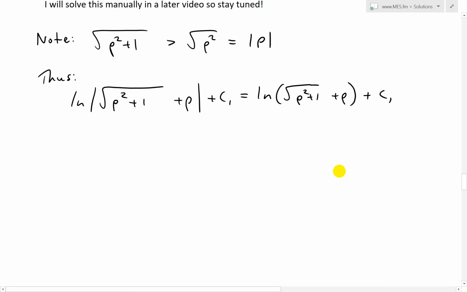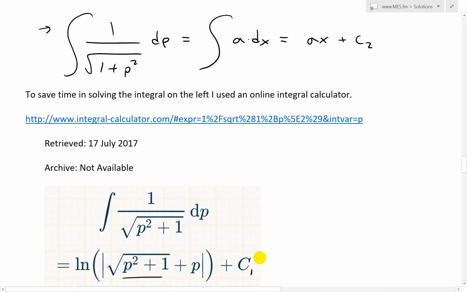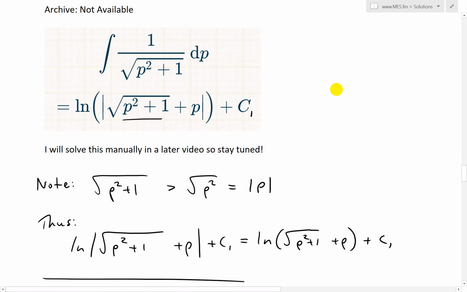Now we just put that together with the above integral, which is ax plus c2.